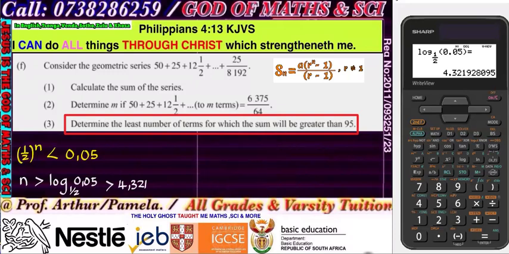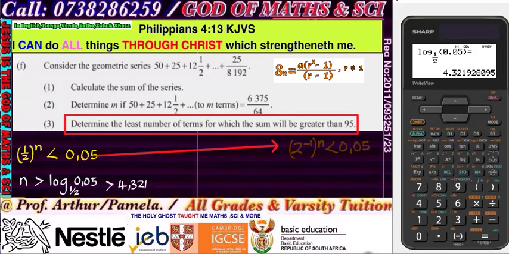All right, let me clear the other part before we give you n. Here is another option. Another option that we could have gone through is this one. I could have changed that half, written it as 2 to the -1, close the bracket, to the power of n, less than 0.05.